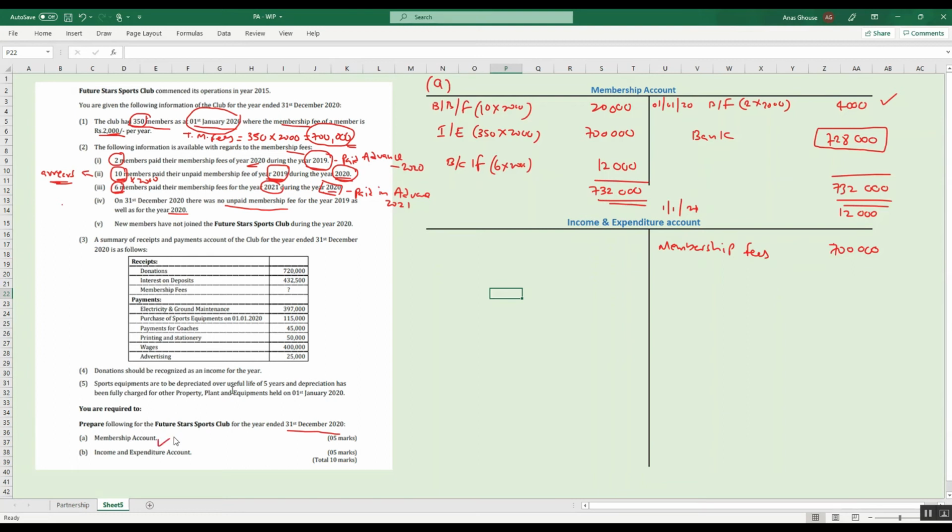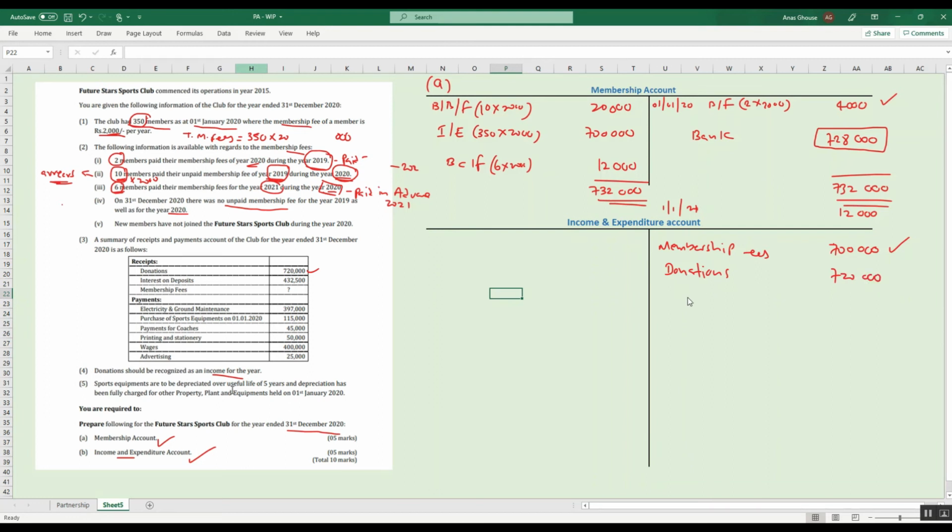You need to prepare the membership account. The second one is the income and expenditure account. We have already identified the membership fees, so now it's a matter of taking the figures into the income and expenditure account. You are given the donations and there is a note that donations should be recognized as income for the year, so donations as income 720,000.